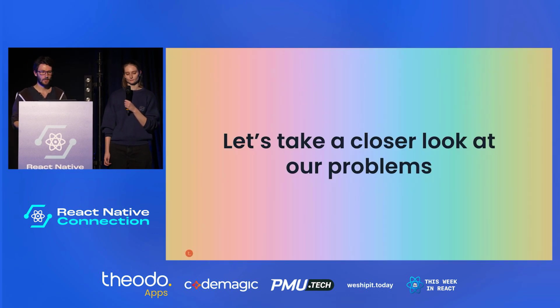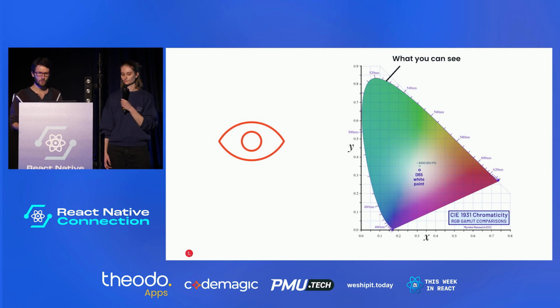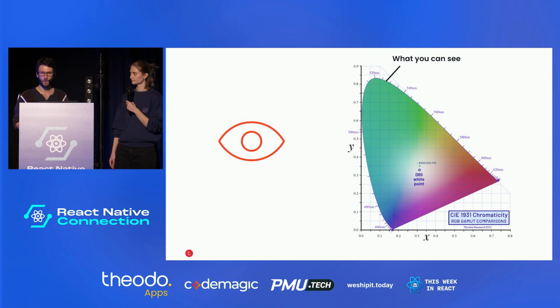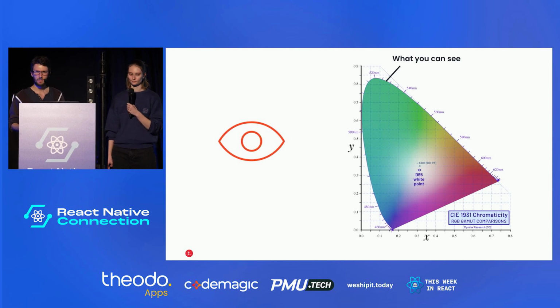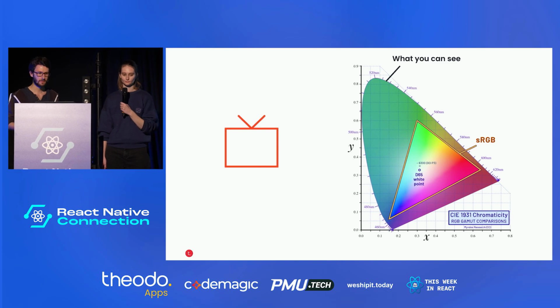So first, let's take a closer look at our problems. And the first problem is that React Native is behind in terms of color technology. This graph is a representation of all the colors that our eye is able to see. But it would be too costly to display all those colors on a monitor. So the standard was to display only a small fraction of those colors, and that was the sRGB standard.